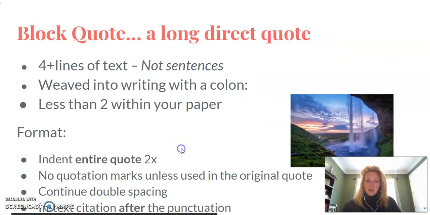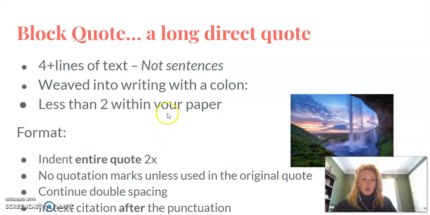Okay, guys, the 4th option of how you can manipulate evidence to be more effective is with a block quote. A block quote means you have an extremely long direct quote that you don't want to shorten because it's so good. The reason it's called a block quote is because literally when you format it, it's going to look like a block in the middle of your paper.